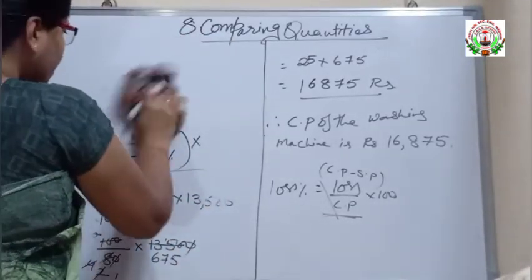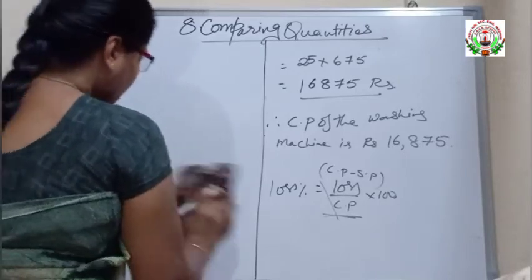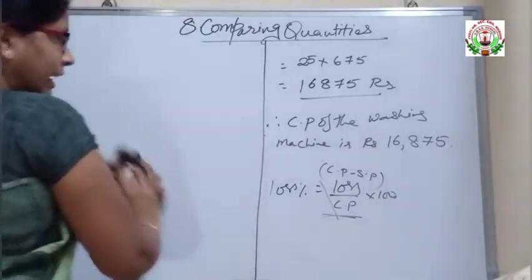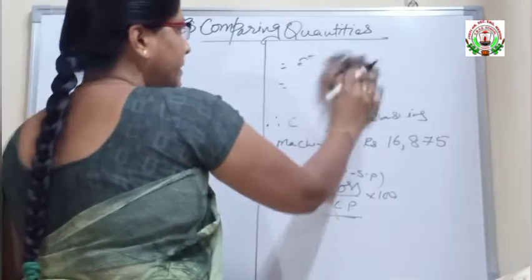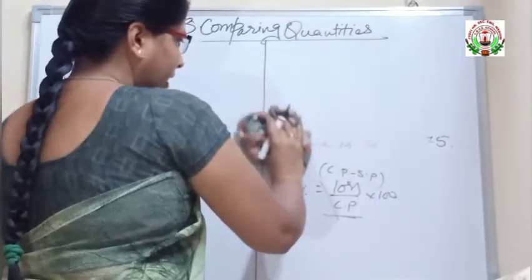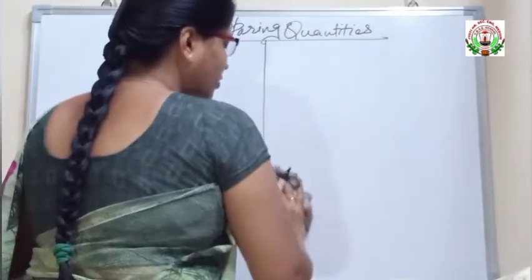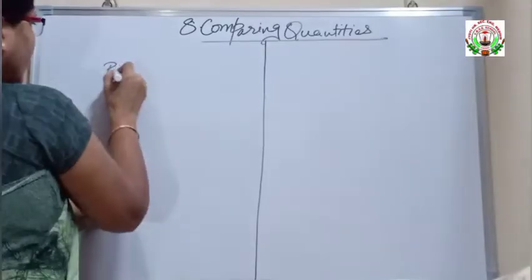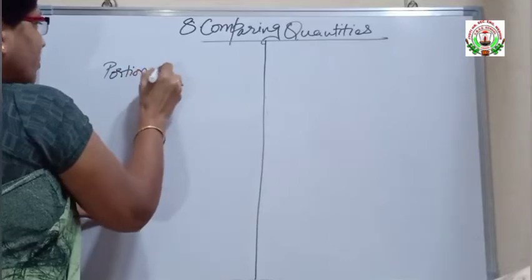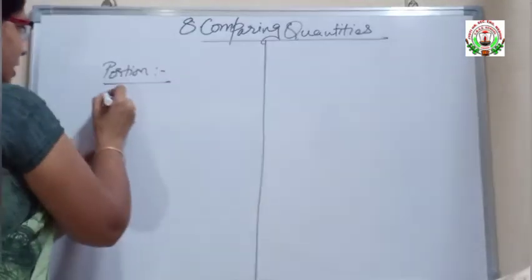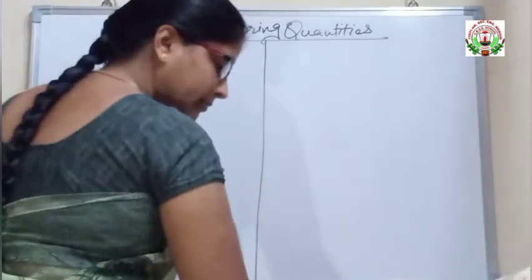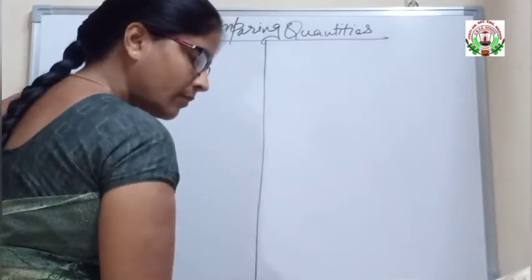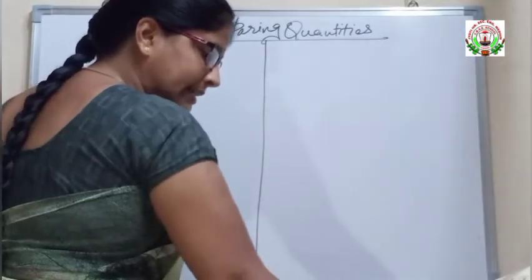Now I have given you the portion for your midterm examination. Your timetable is also given for your midterm examination in the site, and I have given you the portion also. See, the portion for your midterm examination is chapter number 1, that is integers.